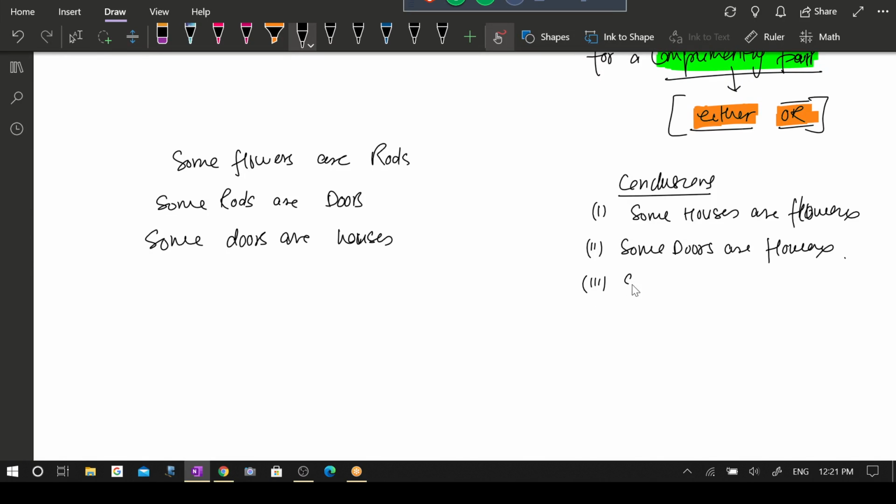Third, some flowers are doors. Fourth, no houses are flowers.